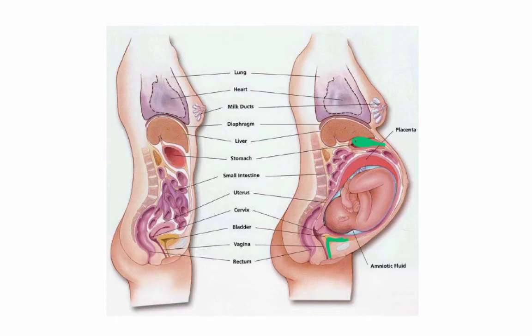Most women, particularly late in pregnancy, have a harder time breathing, and that's because it's much harder to increase the size of the thoracic cavity, because there's a lot more in the abdominopelvic cavity.